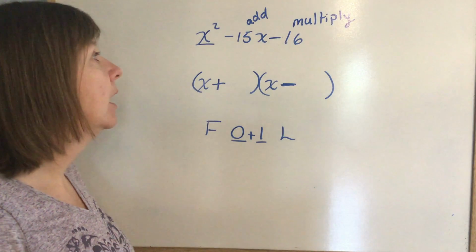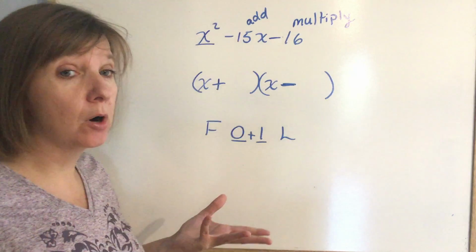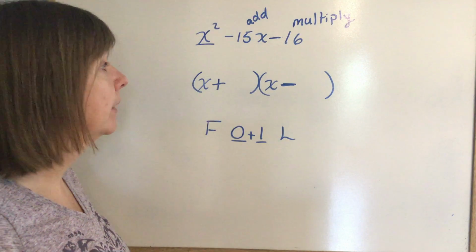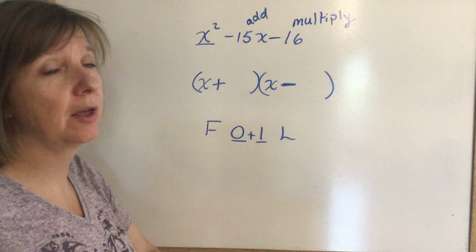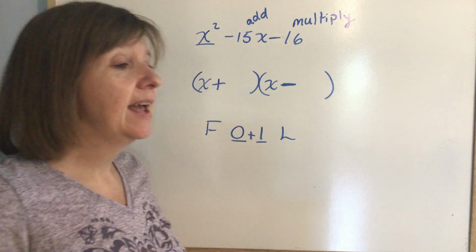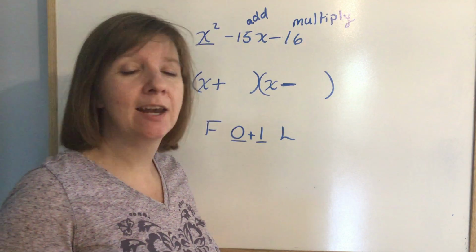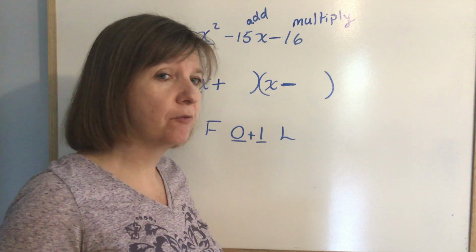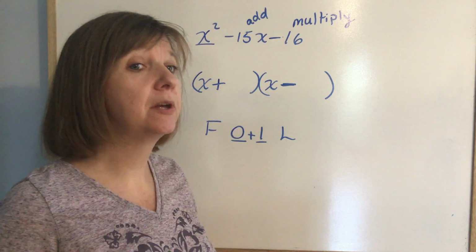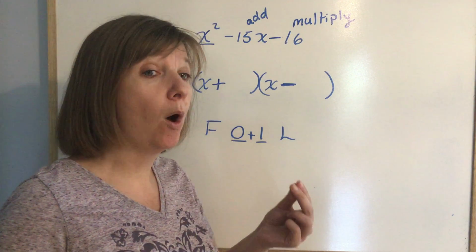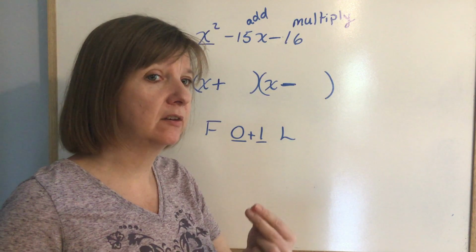All right? 4 and 4 multiply to give me 16. But there's no way that I can have 4 and 4 and add them together to get a 15. And so a lot of people will go, well, I'm stuck. This isn't factorable then, because only 8 times 2 or 4 times 4 makes 16, because a lot of people forget 1 times 16.